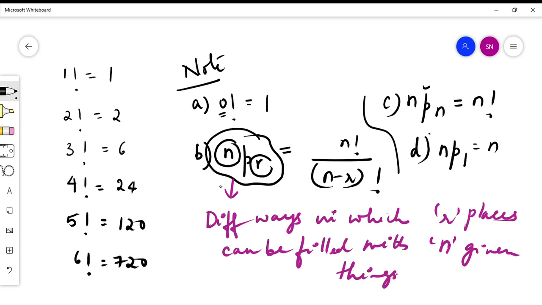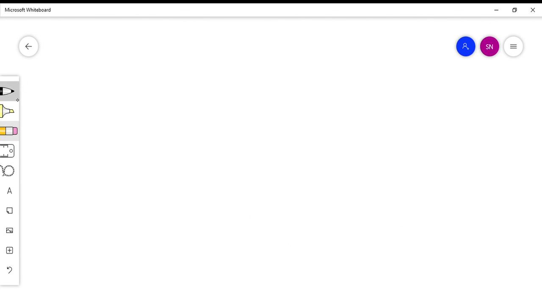Okay. And one more very important keyword that you people have to remember is whenever you have addition to be performed. Whenever you have to perform addition on a question, always look for a keyword called as "or" in the question. Okay, one more very important note. When you're performing addition, look for keyword "or" in the question.